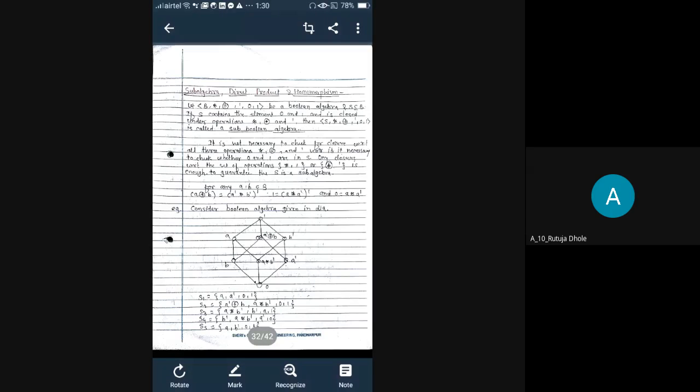So A XOR A dash, or we can say A's complement. What is the value for this XOR operation? A XOR A's complement. We are going to check where these two elements are meeting at the greatest point, and that point is 1. That's why A XOR A dash is 1. Understood?